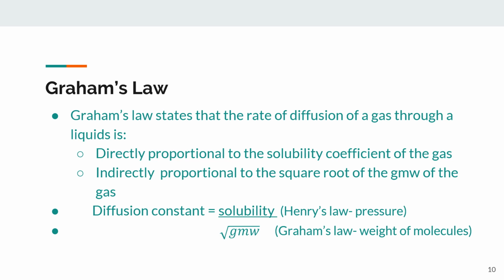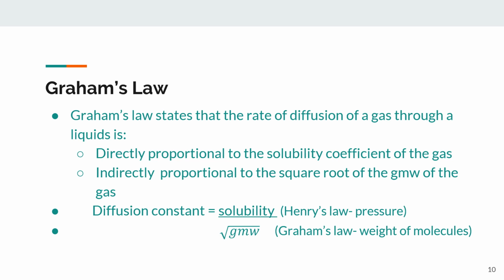You're looking at the diffusion constant. Your diffusion constant is equal to your solubility divided by the square root of your gram molecular weight. Your solubility has to do with Henry's law, which has to do with pressure, and the square root of the gram molecular weight is Graham's law.